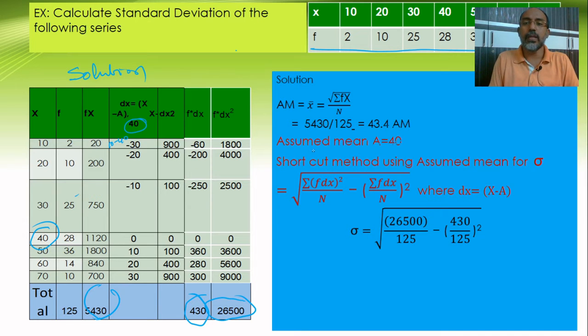Here I have taken 40, using the shortcut assumed mean method. The formula is the square root of sigma f dx square divided by n, minus sigma f dx divided by n, whole square.